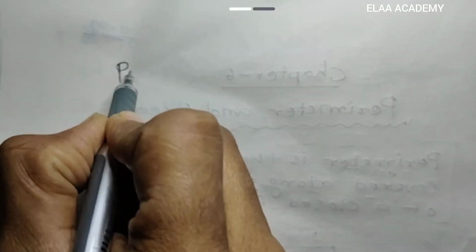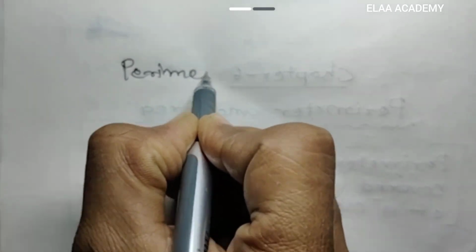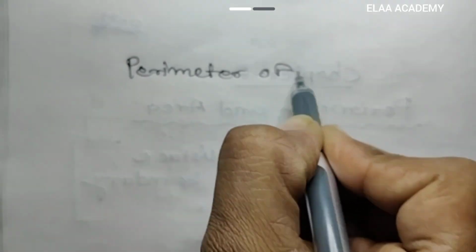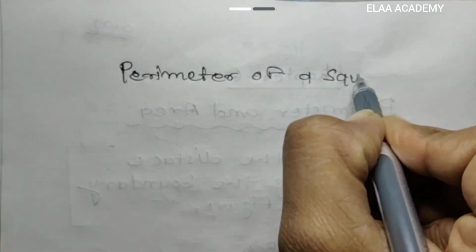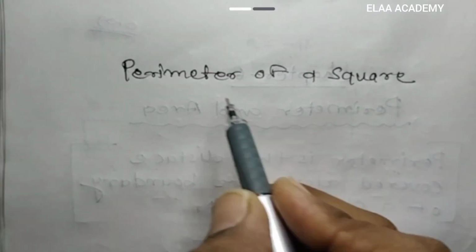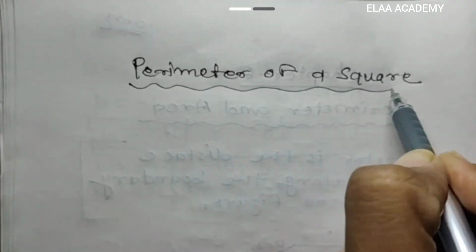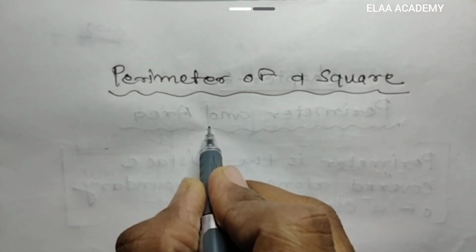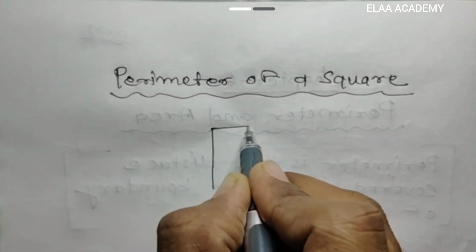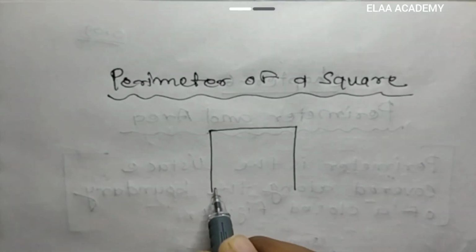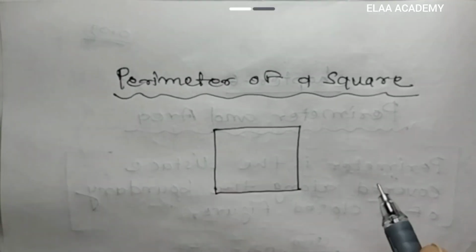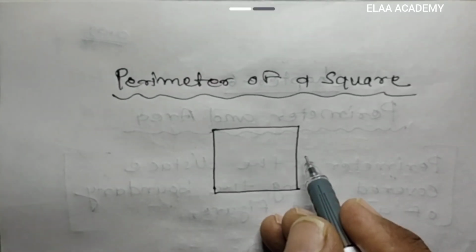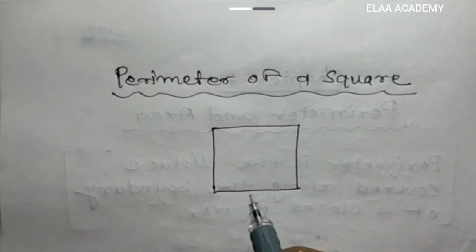Now we will find the perimeter of a square. Perimeter of a square can be given as, first of all we will draw the diagram of a square.